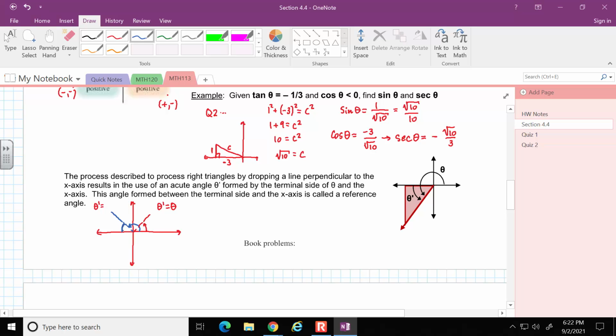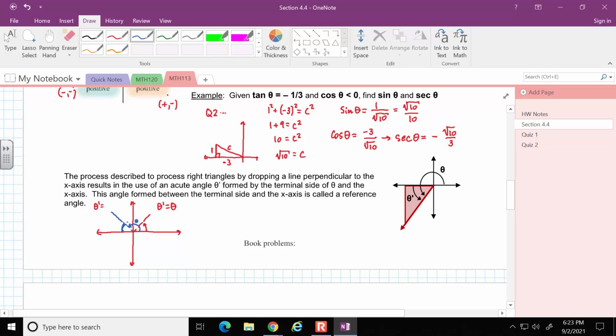Okay. So if you go all the way around, and I want to know just this part, if I went all the way around, I would be on this line, right, the 180 or pi line. If I subtract out my theta, which is just this part, right, then I'm left with this measure.